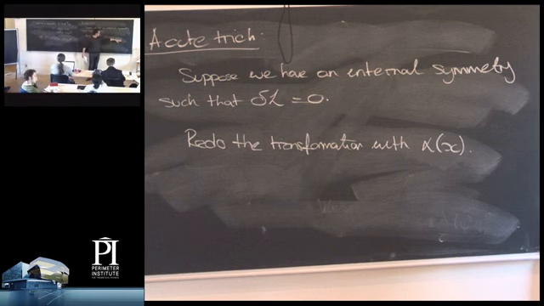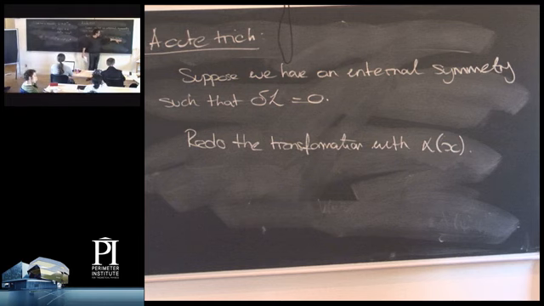Okay? What's going to happen? Well, this is no longer going to be a symmetry, and in general, delta L is going to change. But it's got to change in a way such that when alpha is constant, delta L is equal to 0. How can that be?